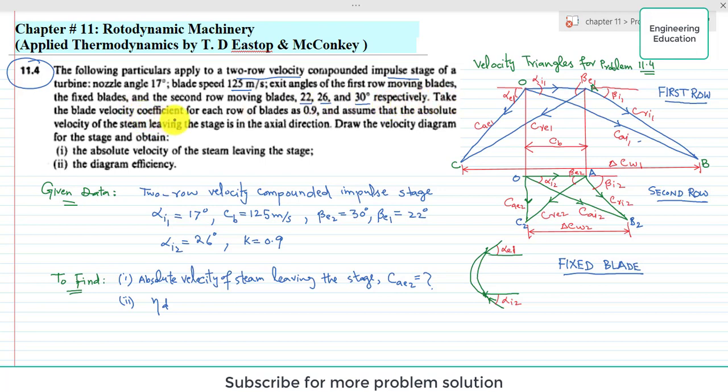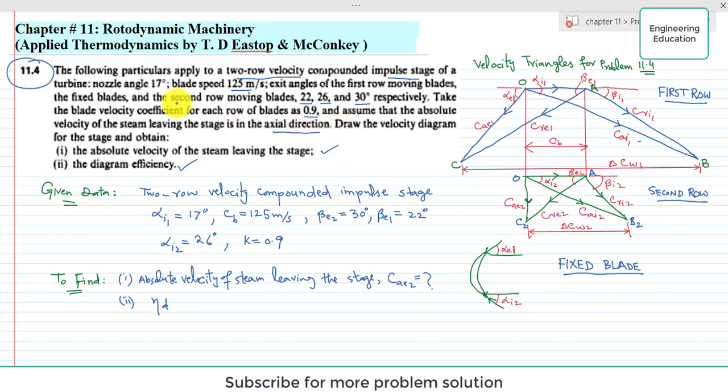Take the blade velocity coefficient for each row of blades as 0.9 and assume that the absolute velocity of the steam leaving the stage is in the axial direction. Draw the velocity diagram for the stage and obtain the absolute velocity of the steam leaving the stage, and second, find the diagram efficiency.